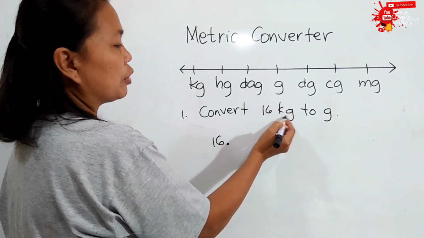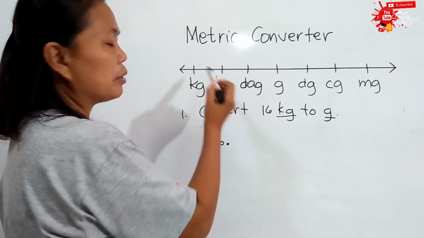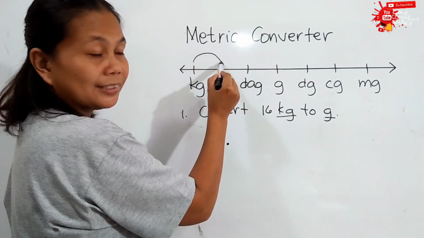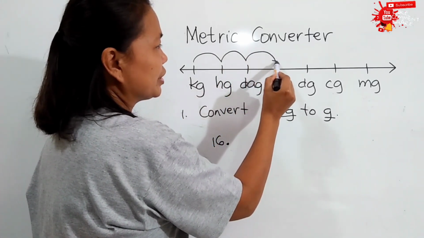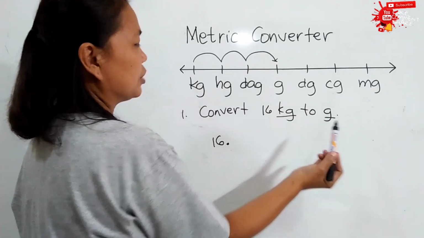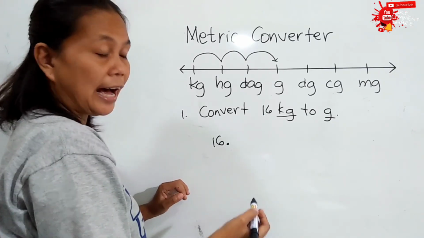We have to convert from kilogram to gram, so we count the number of spaces on our metric converter. We have 1, 2, 3. We will stop here because we are converting to grams. So we have 3 spaces to the right.